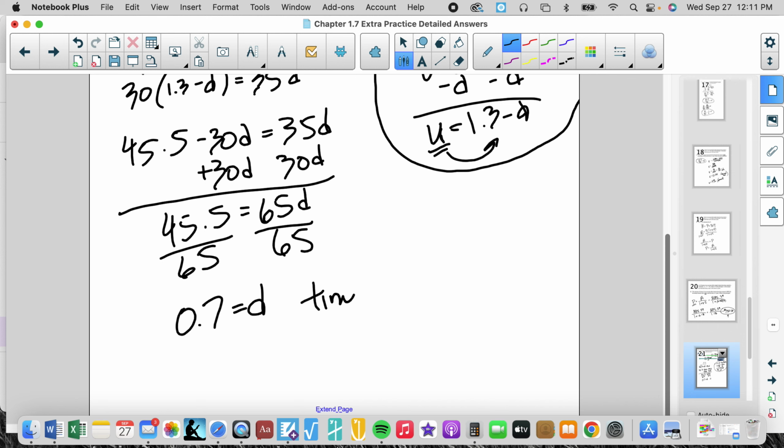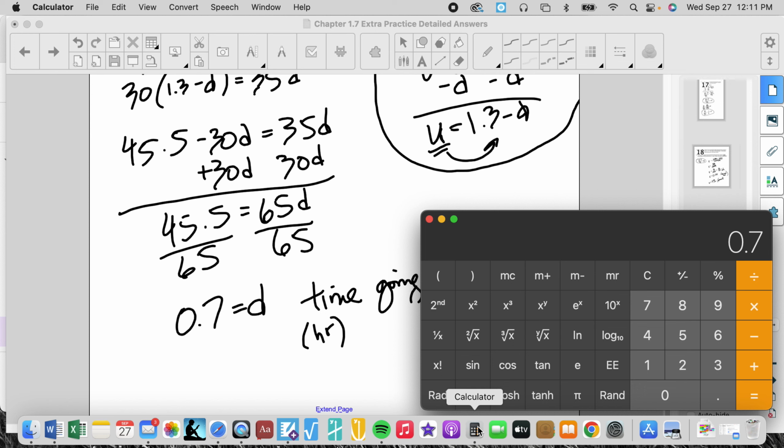Time going downstream. And that time is in hours. So if we want to find how much of an hour, we do 0.7 times 60 minutes gives us 42 minutes.